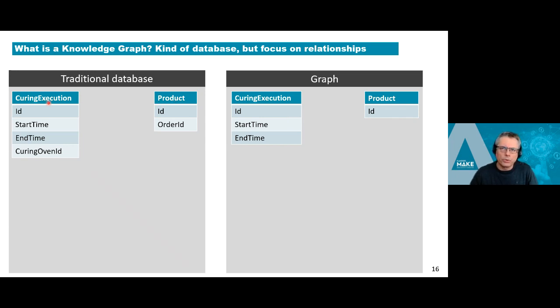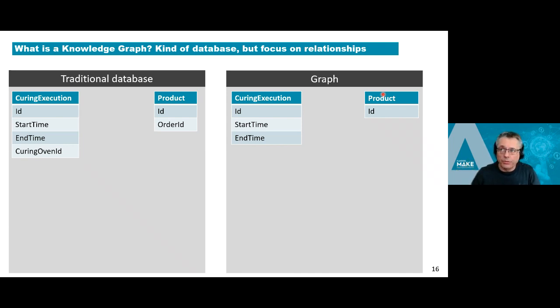On the left you have a curing execution, the oven operation where the material gets cured, and on the right-hand side you see a product, and I've drawn exactly the same entities for a graph. So it's a curing and a product. Now you want to see, okay, what did we put into that oven at that certain moment? This curing execution happened at that start time and end time, and which products were involved there.